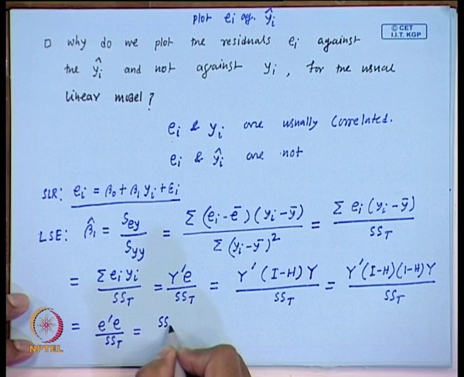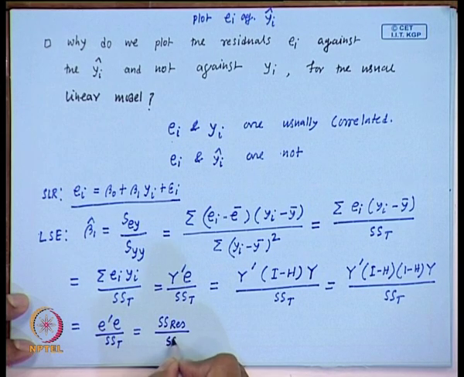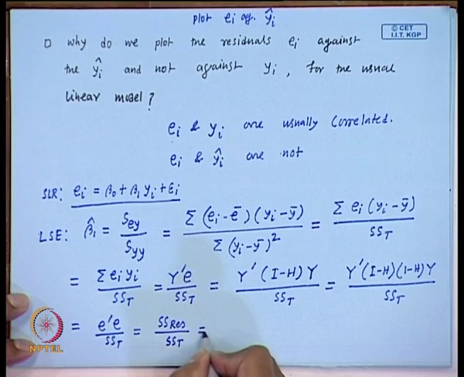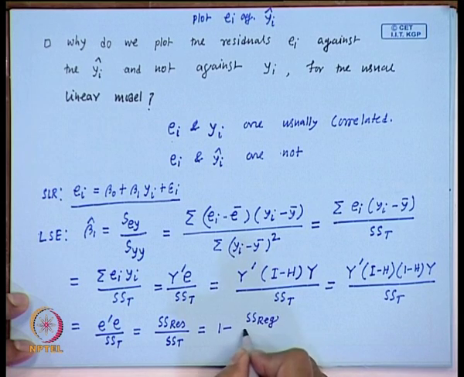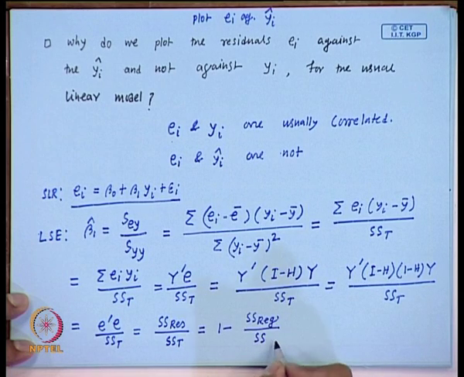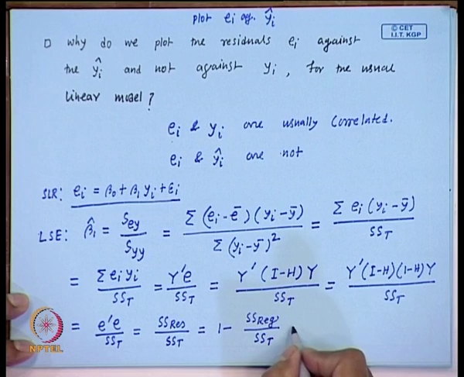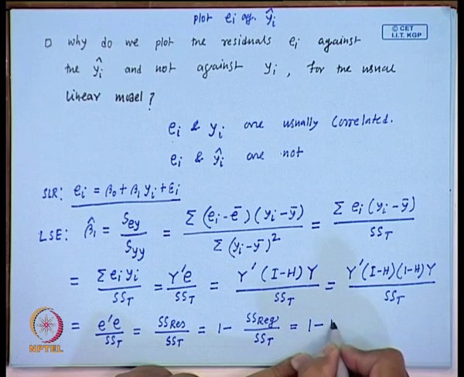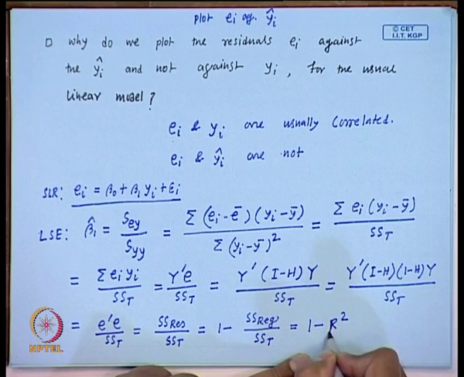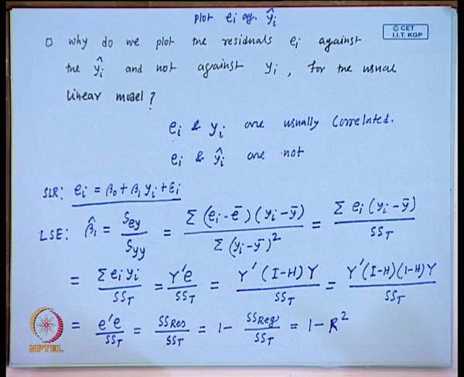This is nothing but SS residual by SST, which is nothing but 1 minus SS regression by SST, which is nothing but 1 minus R square. If you can recall, R square is the coefficient of multiple determination.